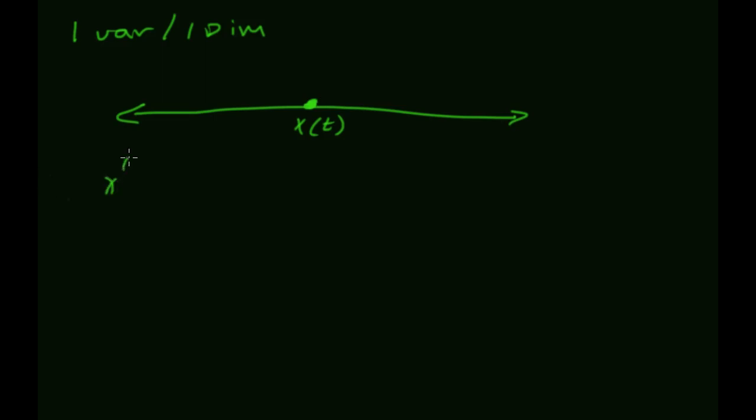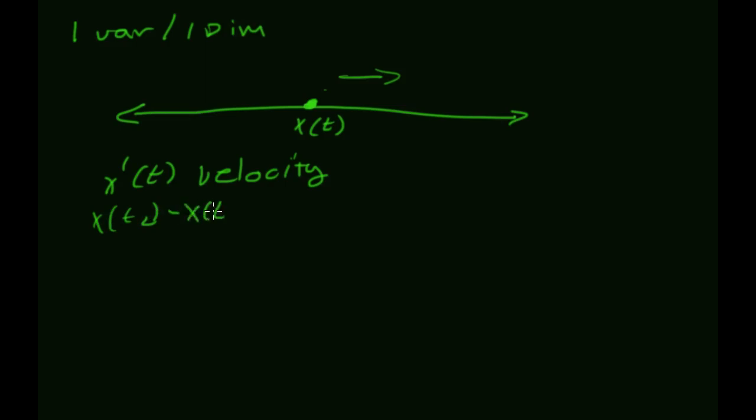So x prime of t is the velocity of the bead, which means it is giving the rate of change in the positive x direction, as it is going to the right. If velocity is positive, the bead is moving to the right. If velocity is negative, it is moving to the left.